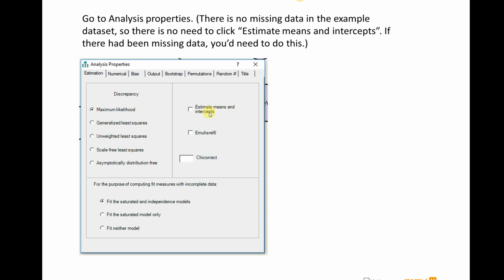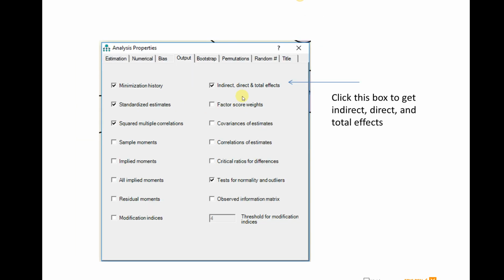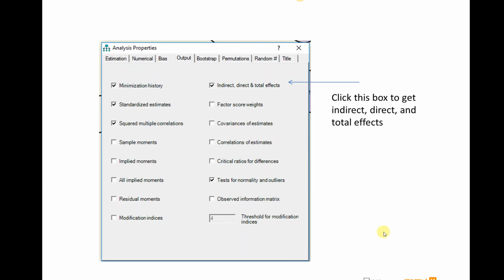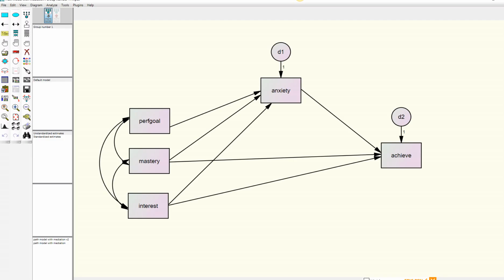If we did have missing data, then we would want to click this. To ask for the direct, indirect, and total effects, we'll go to output, and under this box right here, I've already asked for standardized estimates, squared multiple correlations, test for normality and outliers, but then here's the box: indirect, direct, and total effects. To illustrate this in action, I'll go ahead and run this analysis.